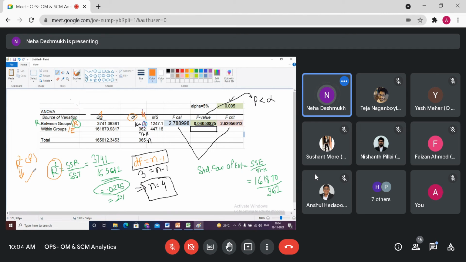Is this clear? The question will be: this is the data, solve the case study and interpret the result. Or they will directly give you this table and ask a number of questions on the basis of this data. Is this clear, class? Yes, ma'am.